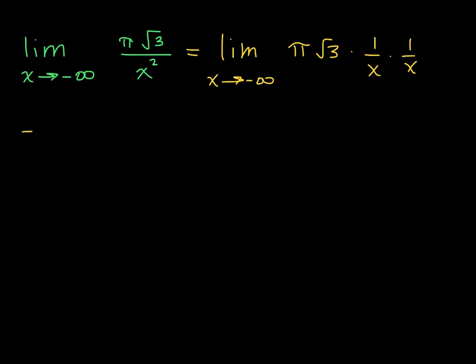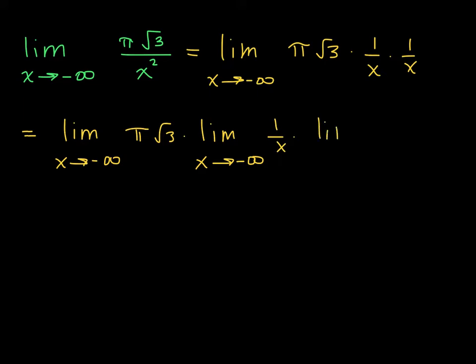Now, we can use the product rule here to say the limit of this product is equivalent to the product of the limits. So we can say this is equivalent to the limit as x approaches negative infinity of this constant pi root 3 times the limit as x approaches negative infinity of 1 over x times the limit as x approaches negative infinity of 1 over x.